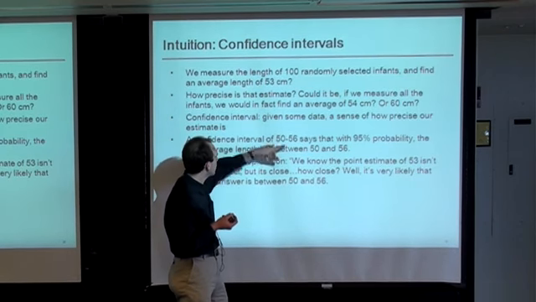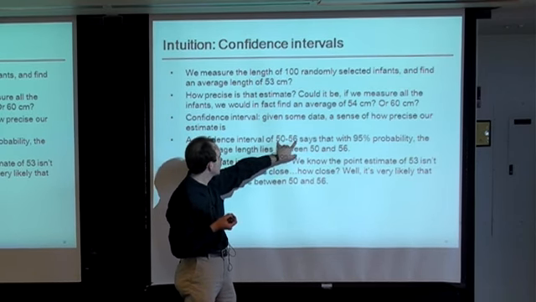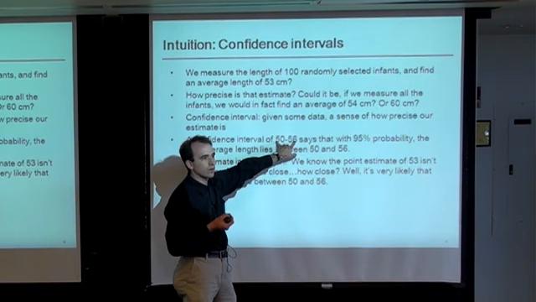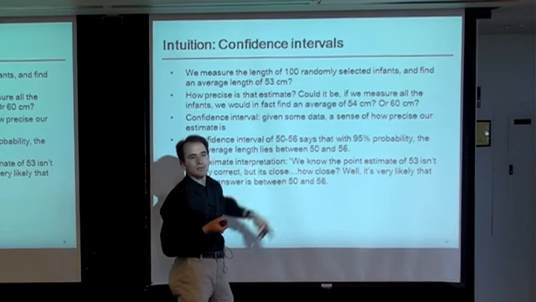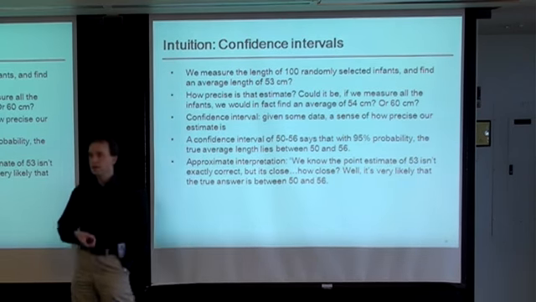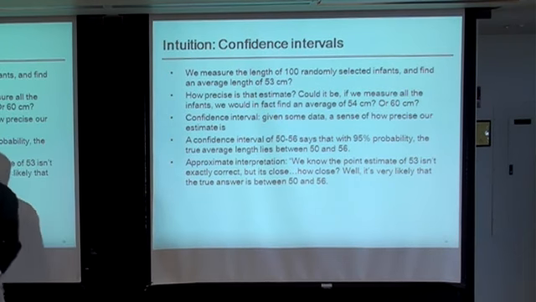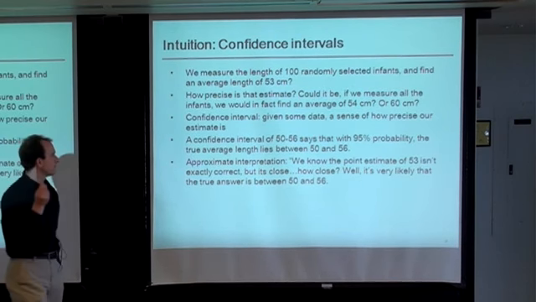Okay? A converse way of saying it is that the truth is somewhere in this range. You can be 95% certain that the truth is somewhere within this range. So if you did 20 of these tests, only 1 out of 20 times would the truth be outside your confidence interval. Okay?